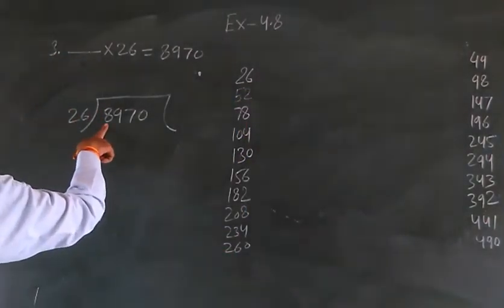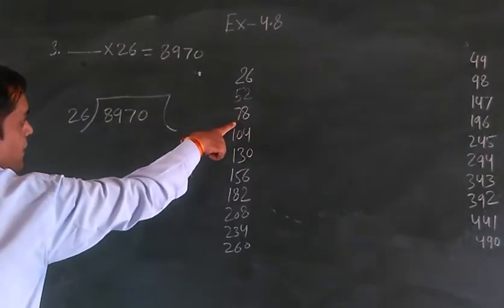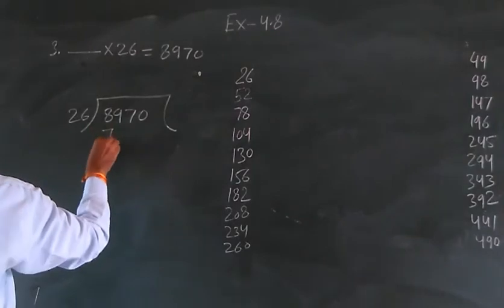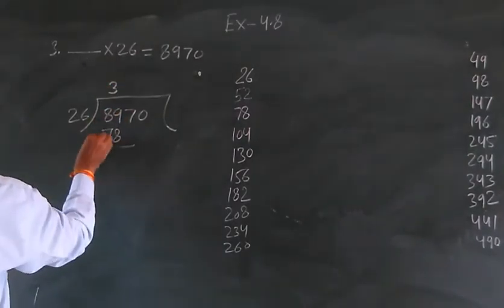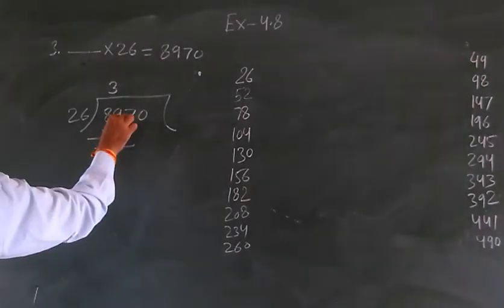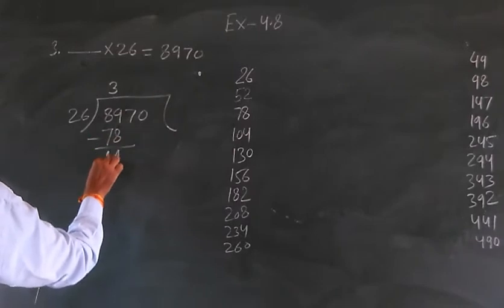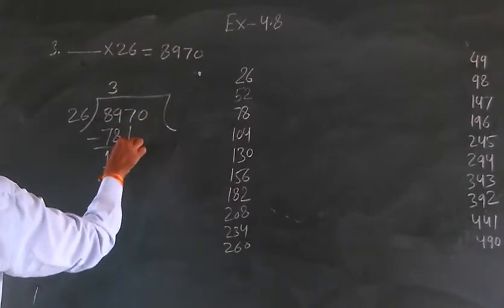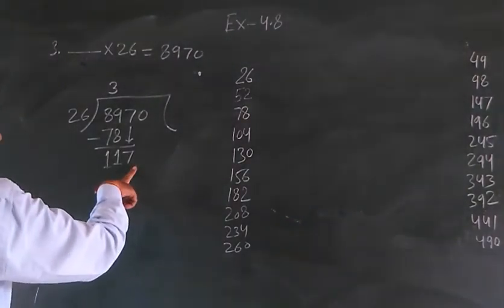So we take the 2 digits, it is 89. What is less than 89? It is 78. How many times will it be? 3 times. Now we subtract: 9 minus 8 we get 1 and 8 minus 7 we get 1. Now the 7 is brought down. So 117. How many times will it be?